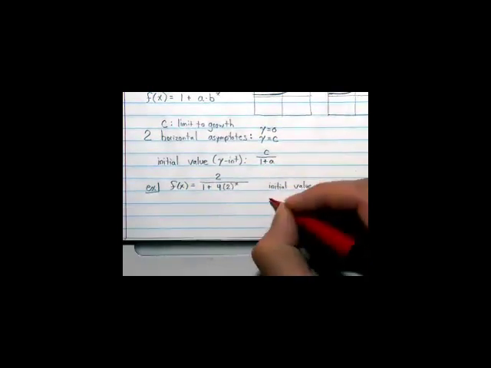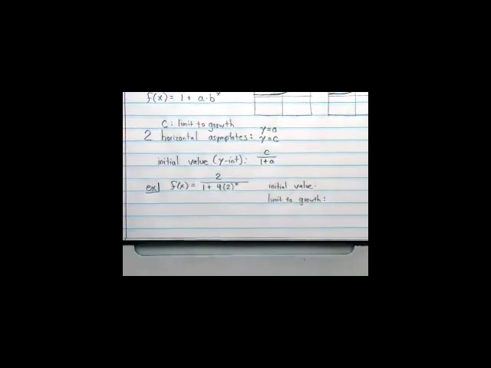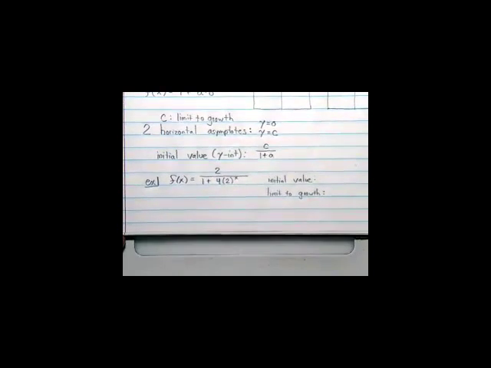So what's the initial value? And what's the limit to growth? Let's start with that because we've already talked about both those two things. And I bet both of those two you guys can do in your head here real quick.